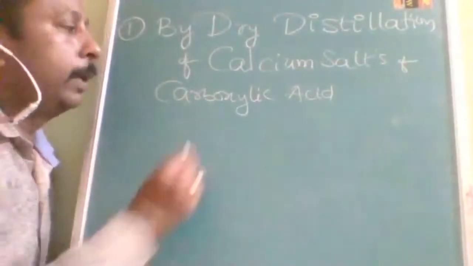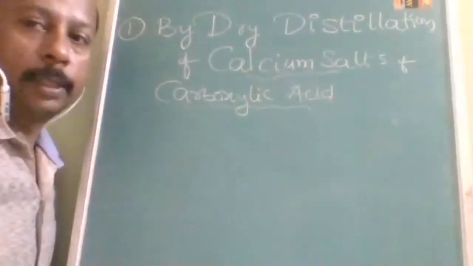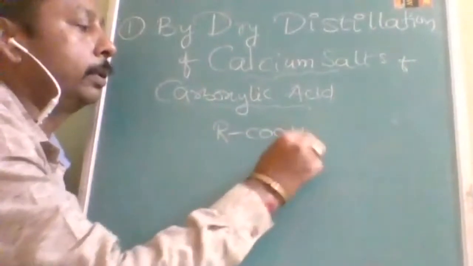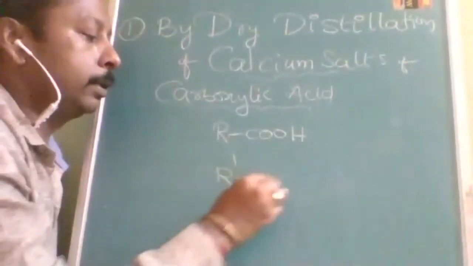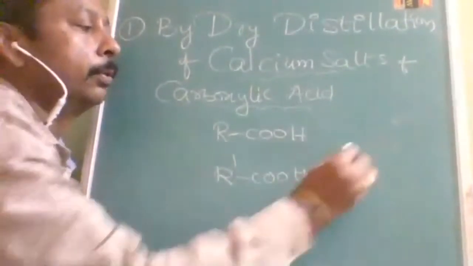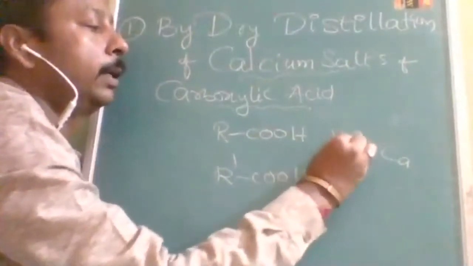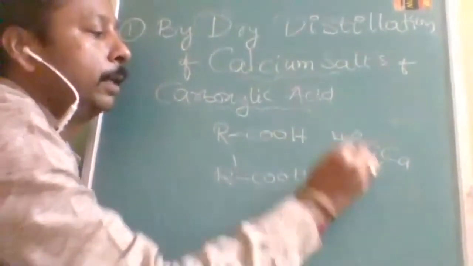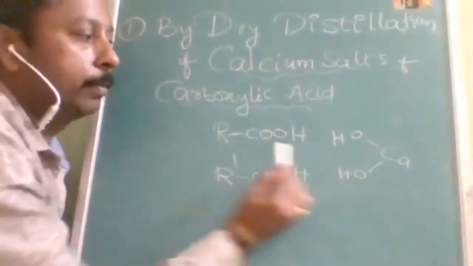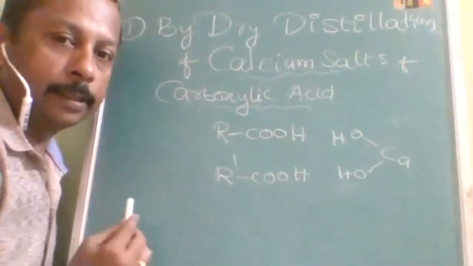The main problem comes over here: it is calcium and carboxylic acid. We will say RCOOH. Calcium is a diacidic base, but carboxylic acids are monobasic acids.